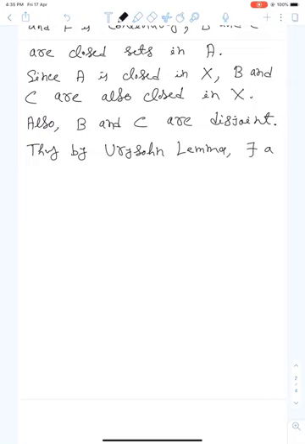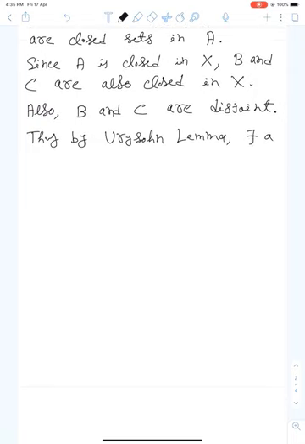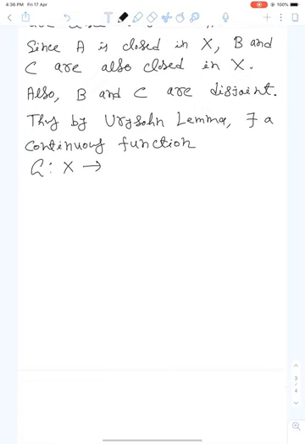there exists a continuous function G from X to, we can choose any a, b, right? So we will choose a, b as minus r by 3 comma r by 3.